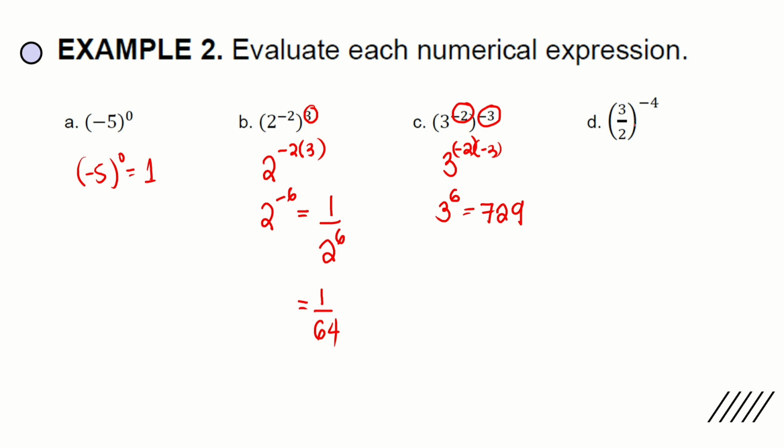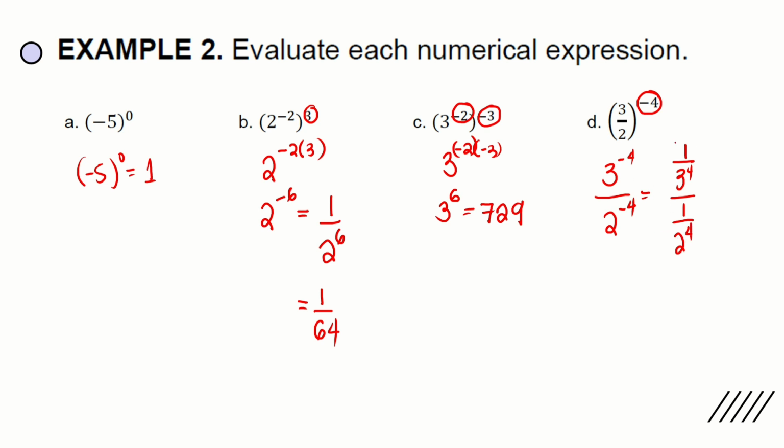And lastly, we have letter D. What we're going to do is again distribute negative 4. So that's 3 raised to negative 4 all over 2 raised to negative 4. Then we get the reciprocal since these are all raised to negative. So that's 1 all over 3 raised to 4 all over 1 all over 2 raised to 4.